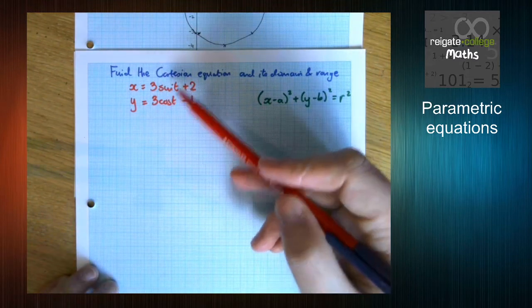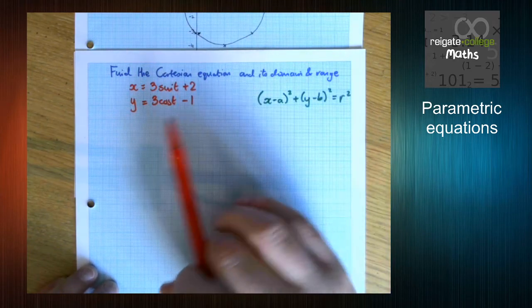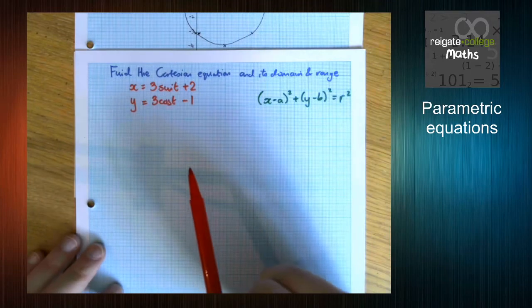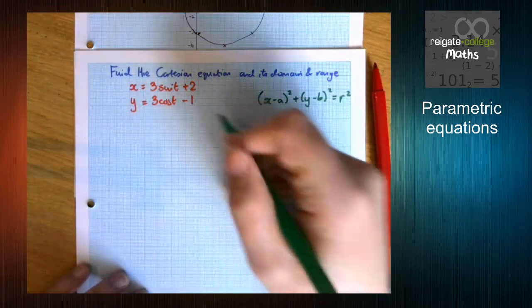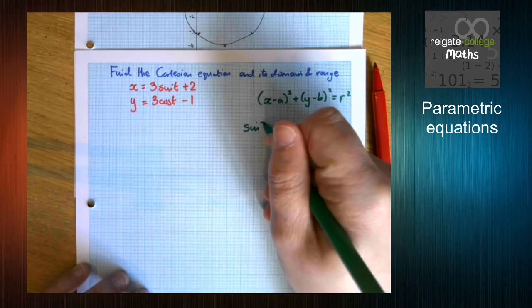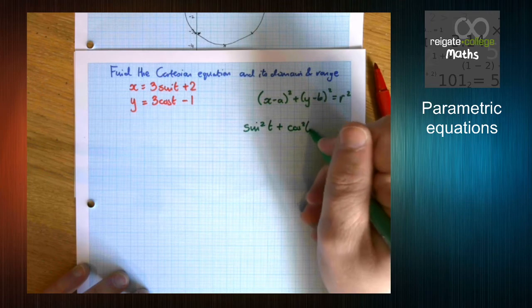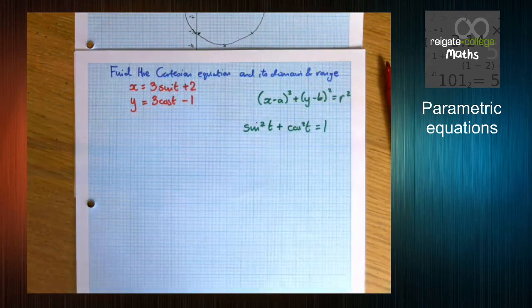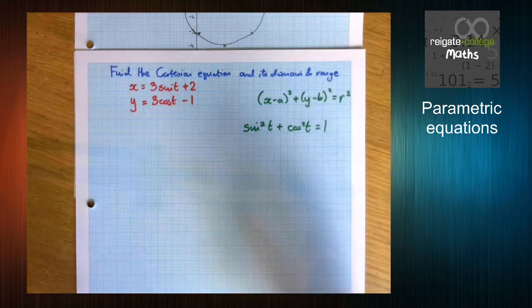In this case, we've got sine t and cos t. Now, I know we've got a bunch of other stuff, but I'm not actually too concerned about that. So we know that there's only one trig identity that links sine and cos together with nothing else, and that's this: sine squared t plus cos squared t is 1.